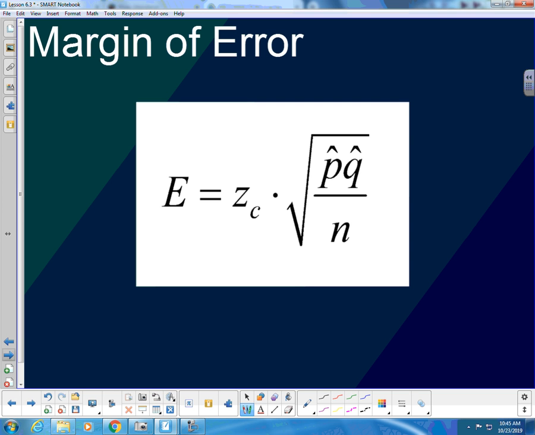So the margin of error when you're using proportions of a population is this. You have it written down?